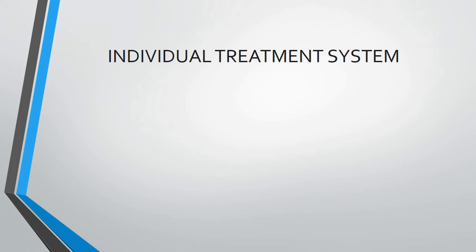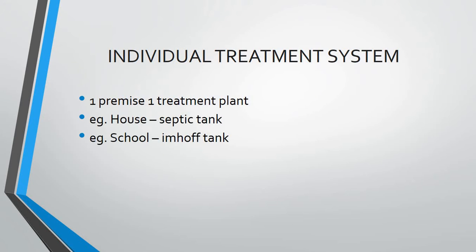First, the individual treatment system, which means one premise, one treatment plant, or one treatment unit. For example, if we have a house or a school, sometimes they apply individual treatment systems for an individual house or individual building. This is due to many reasons.